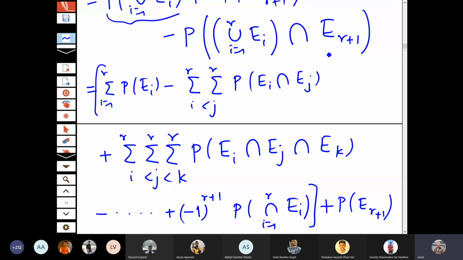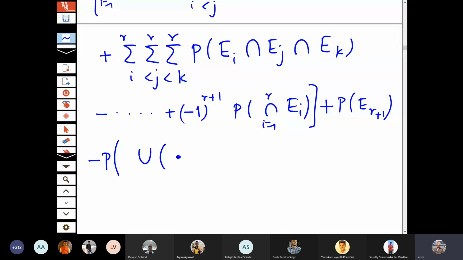Here I can apply the distributive property of union and intersection. So this will give me probability of union of Ei intersection E r plus 1, i equals 1 to r. So again it has become a union of r events, and I can apply the formula for r because we have already assumed it to be true for r events.